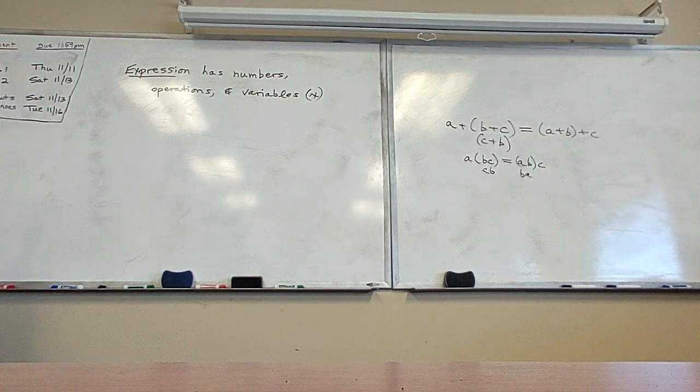But when it comes to an equation, which has an equal sign in it, that's the difference. In an equation, X can only be one number. And you're not waiting for somebody to tell you what that number is. You have to come up with it. You have to be a good detective and figure out what that one single value of X is that will make that equation true.